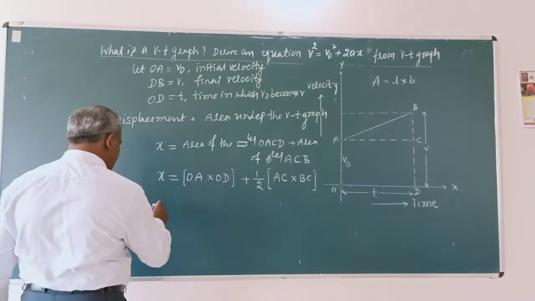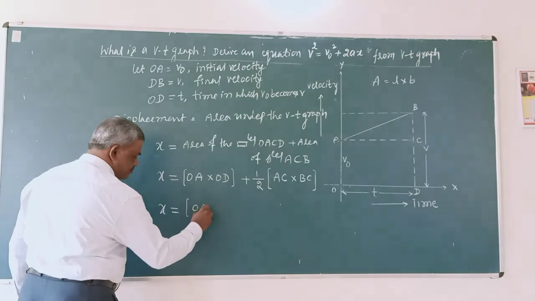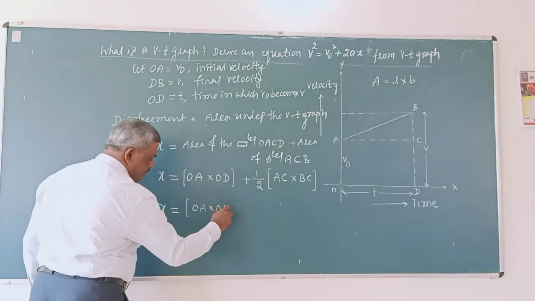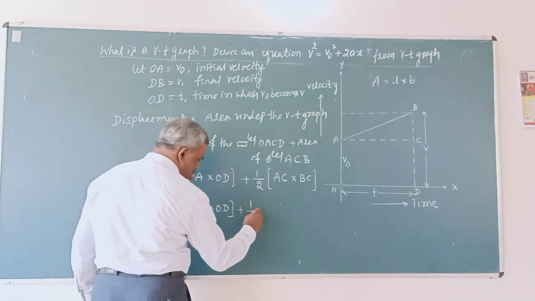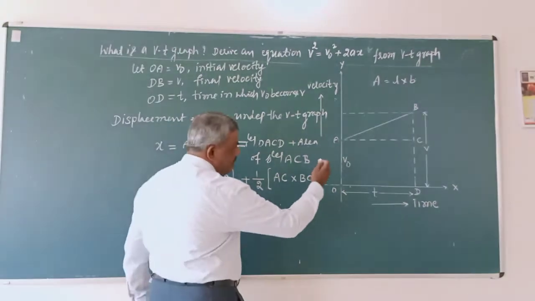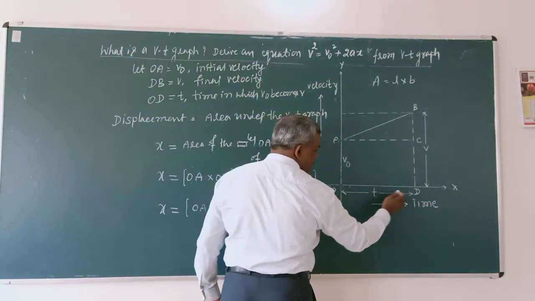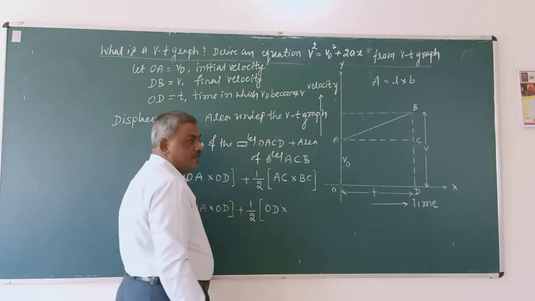So now x equals displacement. So OA into OD plus 1 by 2. So AC, here AC is parallel to OD, into BC.